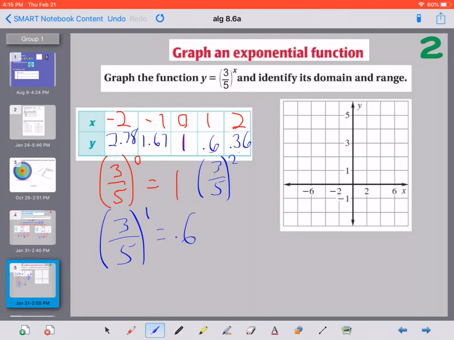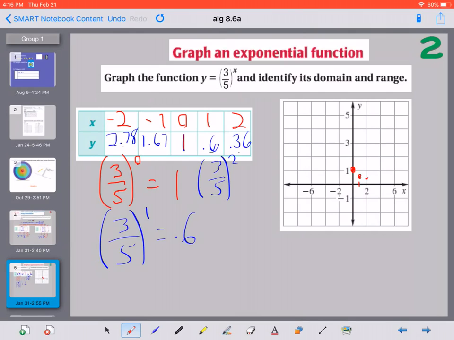So if we start here at 0, we're at 1. So we'll go to 1 there. At 1 we're at 0.6. So 1 would be here, 0.6 would be about there. At 2 we're at 0.36, so a little bit less than 0.6.